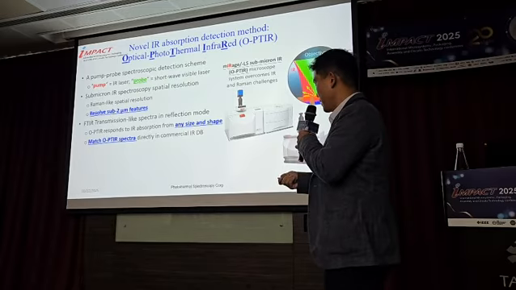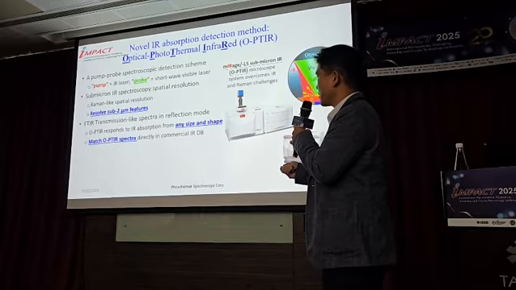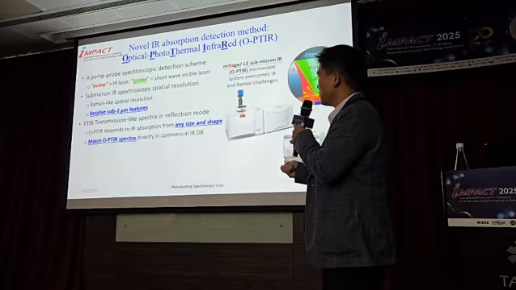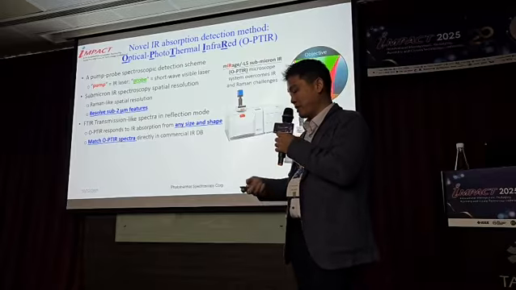Using this detection scheme, we can get an IR spectrum that we can directly match with a commercial IR database, despite the fact that the sample might have different geometry, irrespective of size and shape.